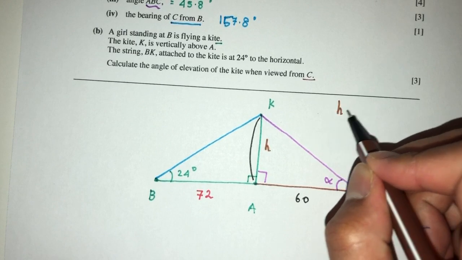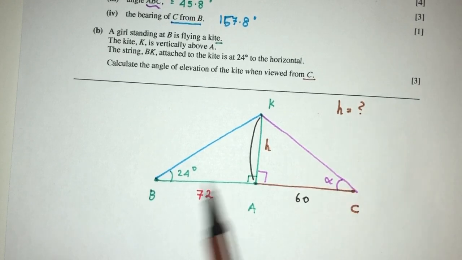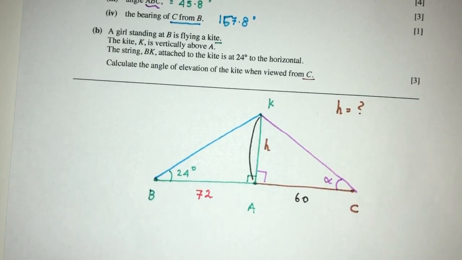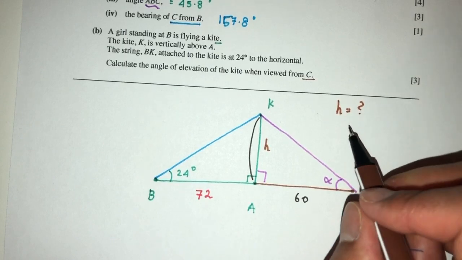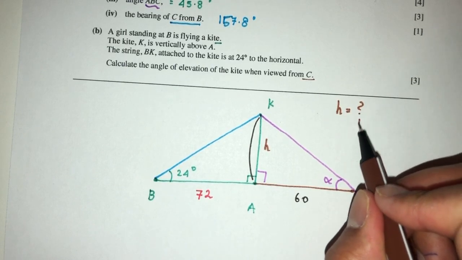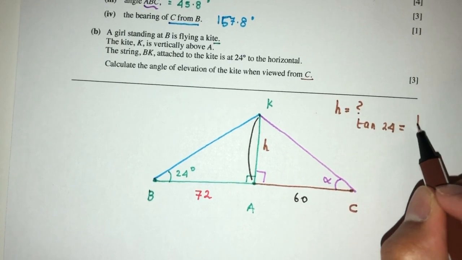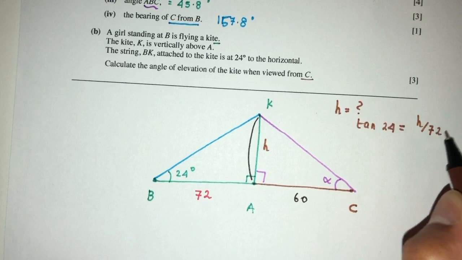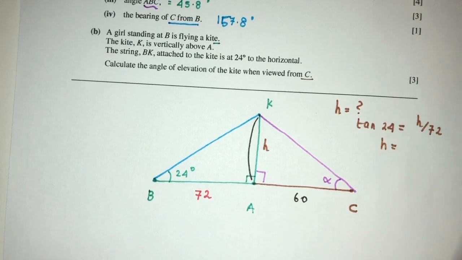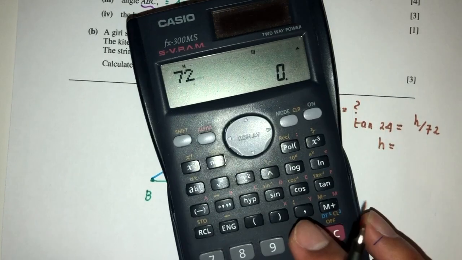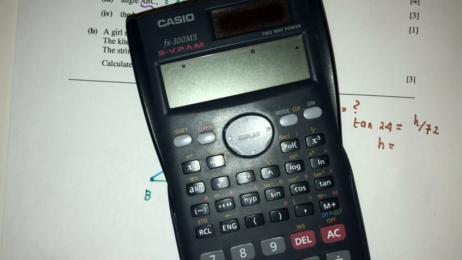The height is equal to what? By right angle triangle, we can use SOHCAHTOA. You will realize that tan of 24 has to be height over 7/2. So height has to be 7/2 of tan 24.